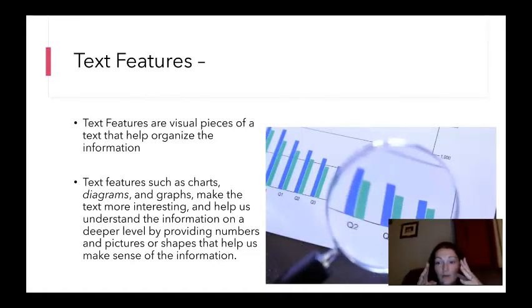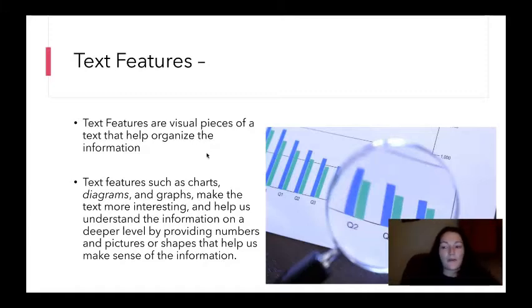So they're visual, they're things that we can see, not just words on a page. Text features such as charts, diagrams, and graphs make the text more interesting, and it helps us understand the information on a deeper level by providing numbers and pictures or shapes that help us make sense of the information.